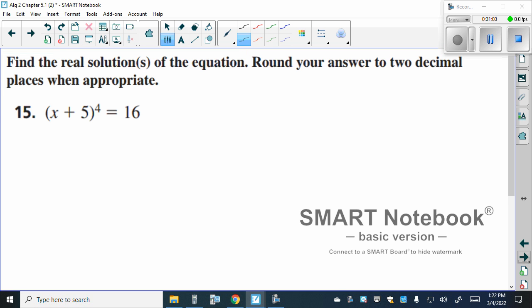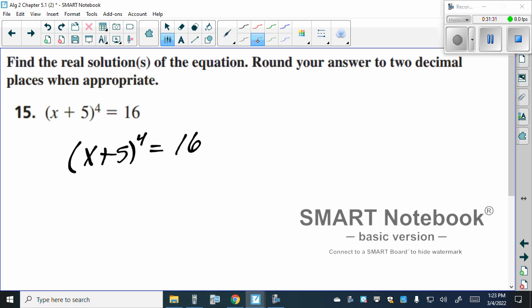I want to skip a few and go to this one here. Because I want to look at one even root that actually does work out nicely. So, looking at this here, we do have a set of parentheses and they're already by themselves.